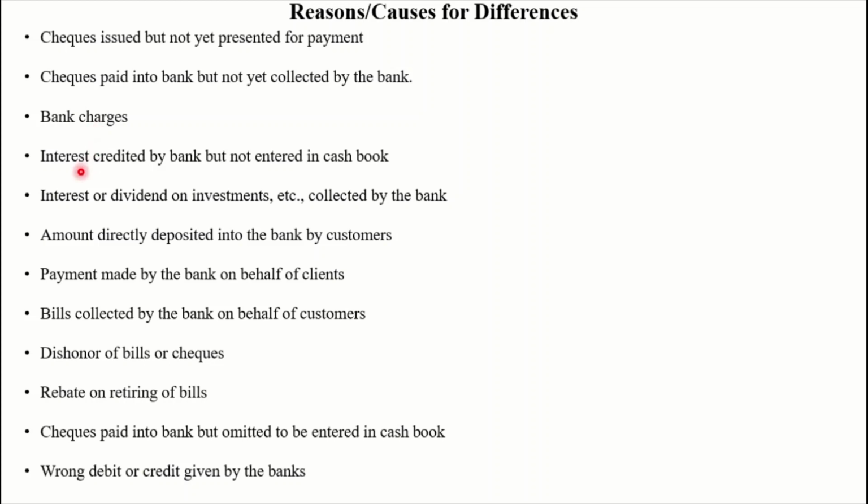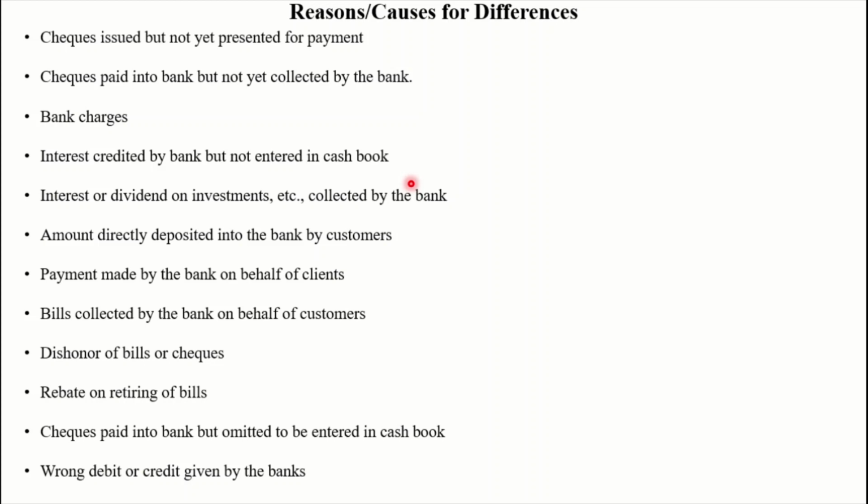Then interest credited by the bank but not entered in the cash book. Sometimes the bank gives interest on current accounts to their customers, if they maintain a certain minimum credit balance in their current account.